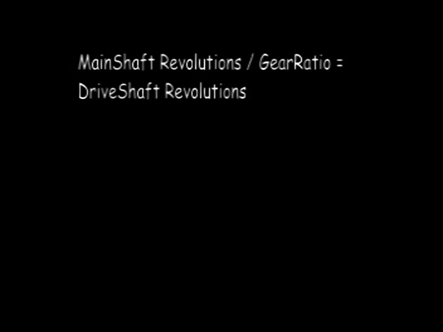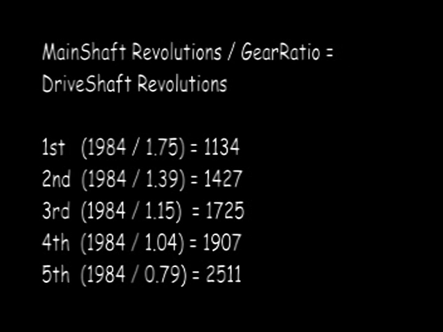So we can calculate the drive shaft revolutions by taking the main shaft revolutions divided by the gear ratio. We had calculated first gear to have 1.75 gear ratio, and previously we calculated the main shaft is moving at 1,984 revolutions per minute at 5,000 RPM.